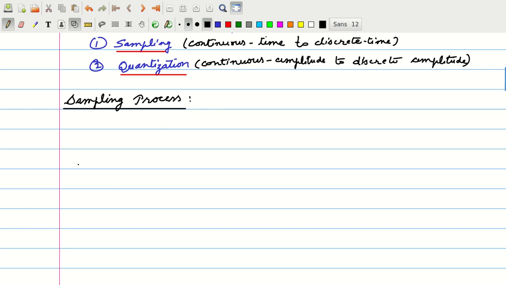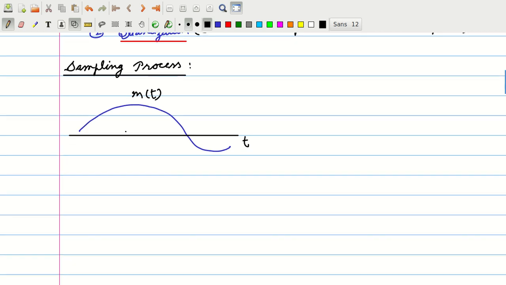So consider a continuous time signal, say m of t, and we want to discretize it in time, meaning that we want to obtain the signal samples at discrete instants of time, say 0, Ts, 2 Ts, 3 Ts, and so on, and also for negative time instants minus Ts, minus 2 Ts, and so on.